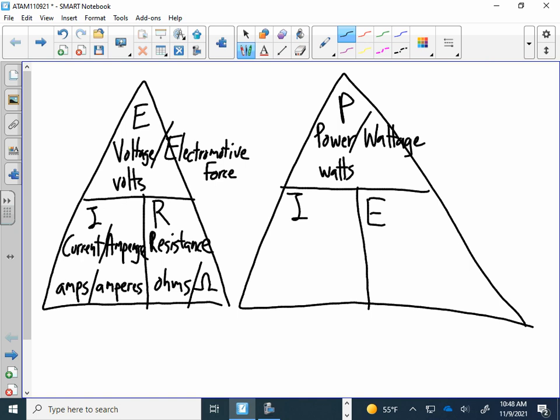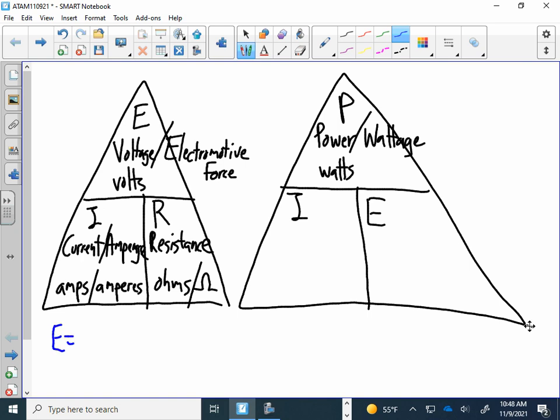All right. And the reason I write them like this in the triangle is so that you can get your formulas. So imagine covering up the E on top, which I can't do on video. If I cover up the E on top, I'm left with I and R on the bottom.